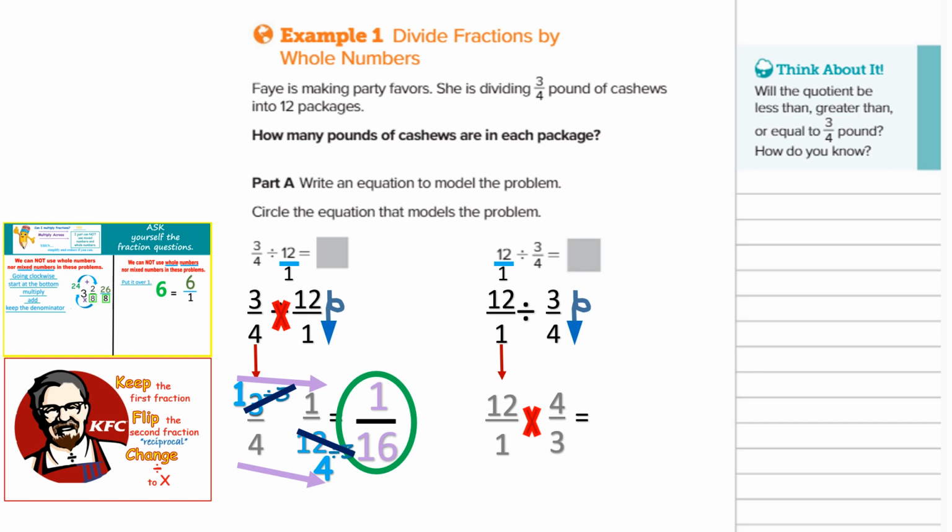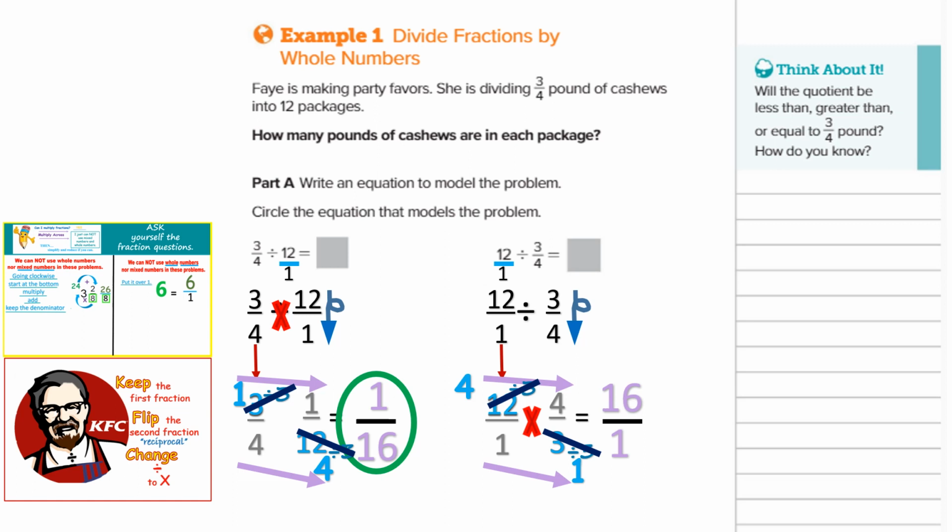If I cross reduce, I have 4 on top and I have 1 on the bottom, and then I'm multiplying straight across to get to my answer, right? So when I'm multiplying across, what do I get? I end up with 1 times 1 in my denominator, which is 1, and 4 times 4, which is 16.